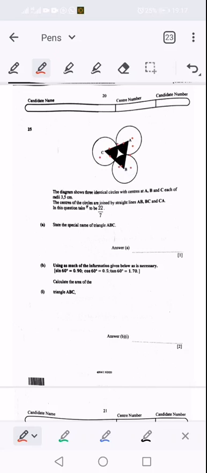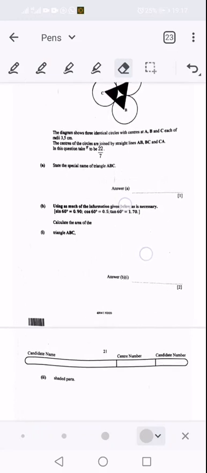Then using as much of the information given below as necessary, sin 60 is 0,9, cos 60 is 0,5, tan 60 is 1,7. Calculate the area of triangle ABC. Right, area of triangle ABC kana yakaita sezvizvo unoiwana like this.